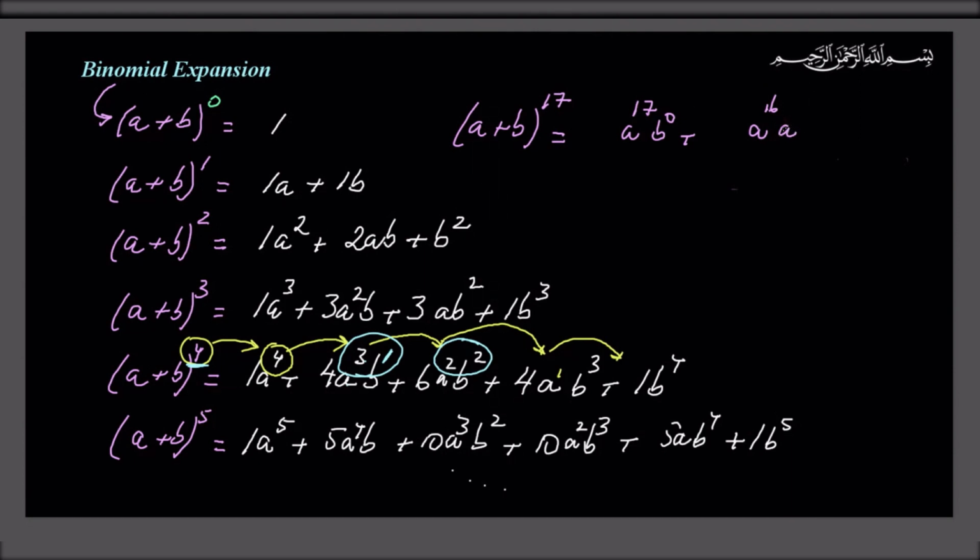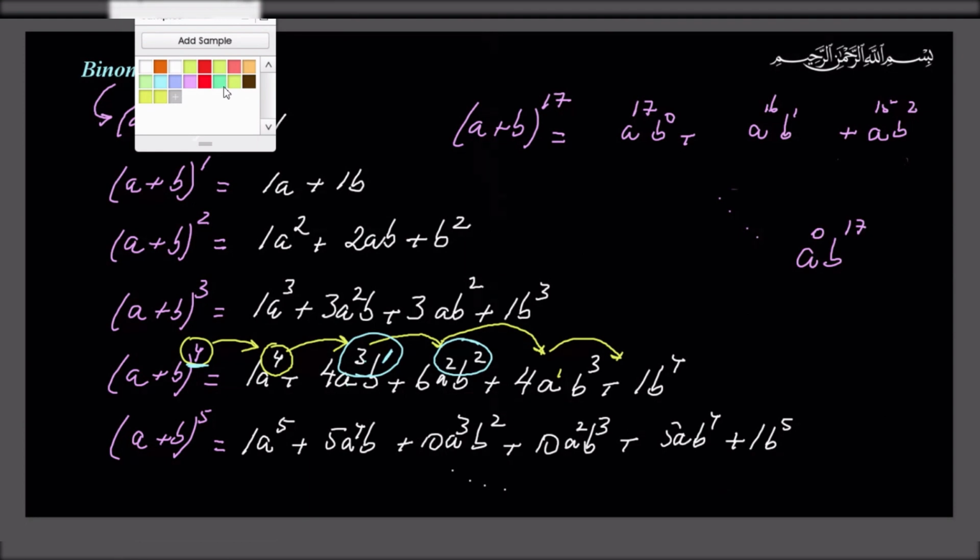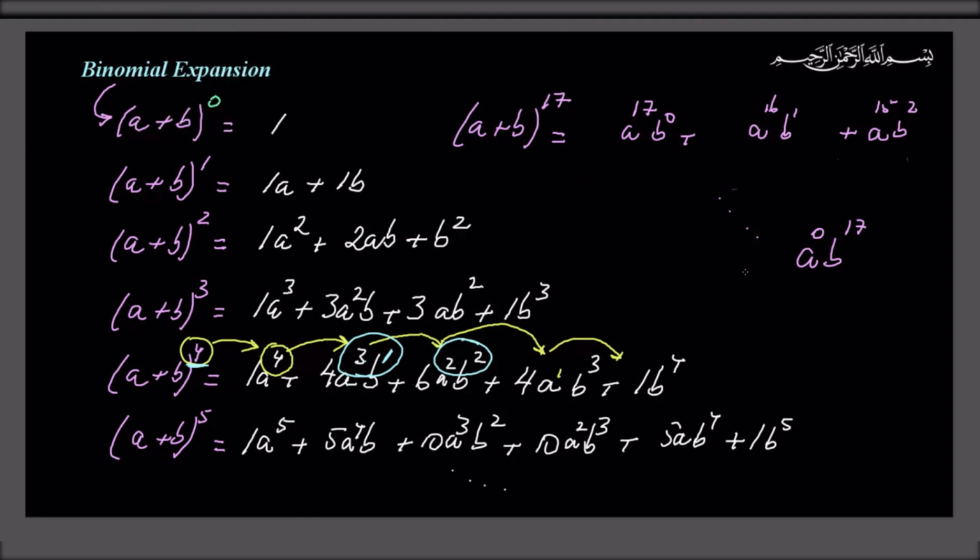So the b is going to have to be 1, and the next term is going to be a to the 15th, and b is going to have to be 2 because they have to add up to 17. And the last term is going to be a to the 0, or just 1, and b to the 17th, like this. So you can see that's not too bad. We got that. So the exponents of a are declining like this, and the exponents of b are declining like this, and they add up to give you the power over here.